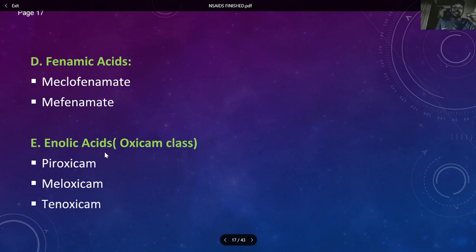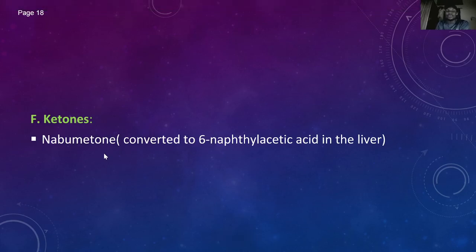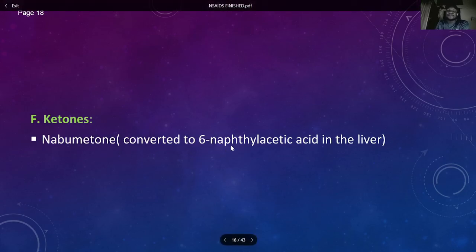While for enolic acids, which is the oxicam class, we have piroxicam, meloxicam, and tenoxicam. Lastly for ketones, we have nabumetone, which is converted to 6-methoxy-2-naphthylacetic acid in the liver.